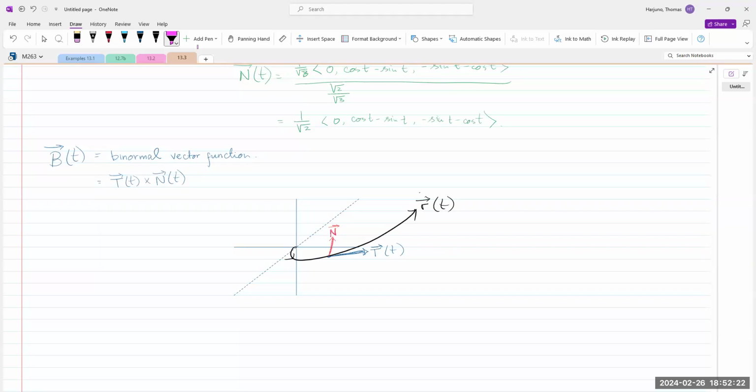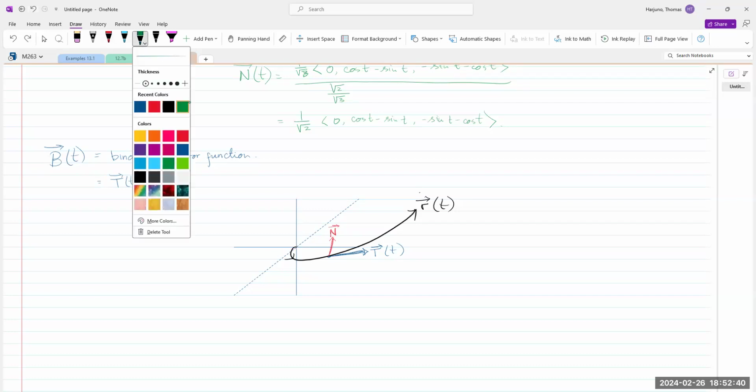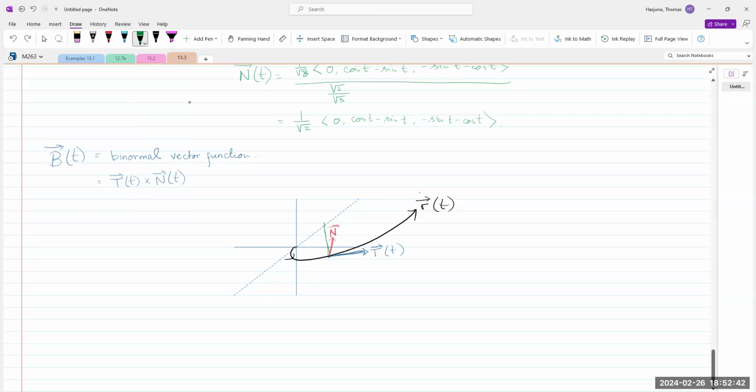I wonder if you can imagine on this plane here, right? Okay. Now then the B, the binormal vector, will be perpendicular to that. Oh, what happened? That's the binormal vector.